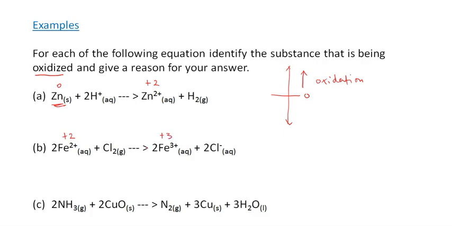Moving from +2 to +3 is an increase in oxidation number. So therefore it is the Fe2+ that is being oxidized, not the chlorine. Chlorine, the oxidation number is 0, and the chloride ion is -1. Therefore we have a decrease in oxidation number, which is really a reduction.